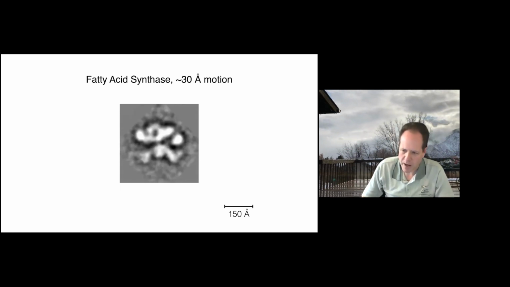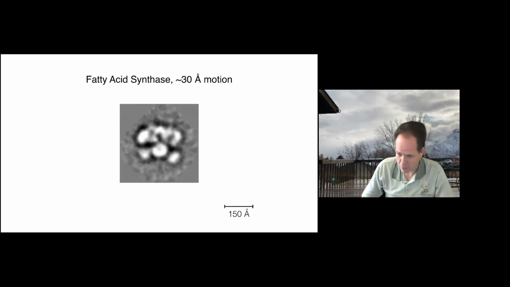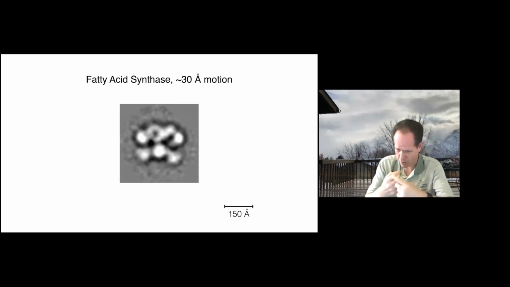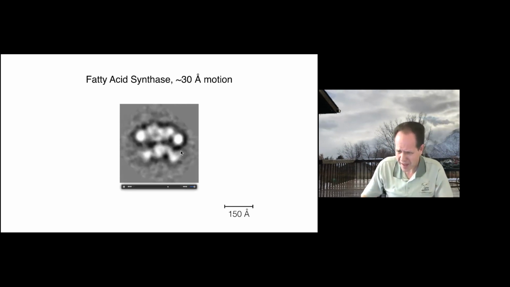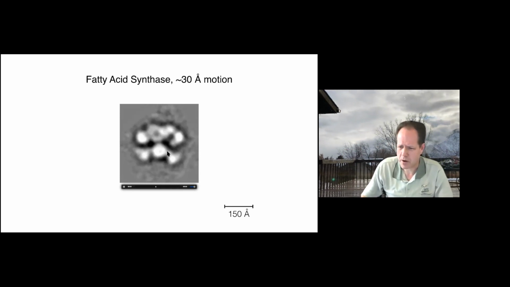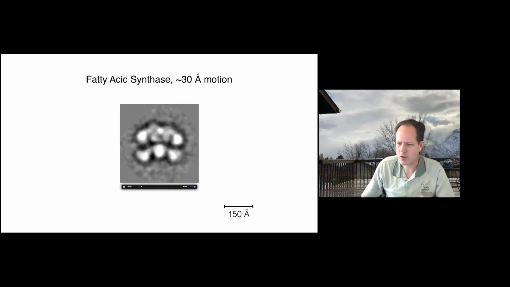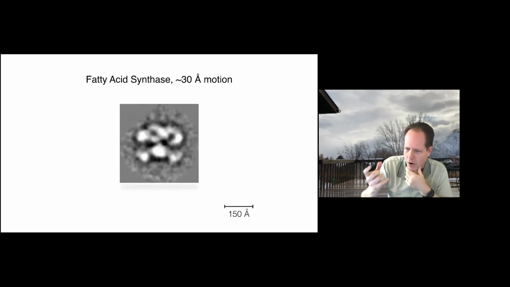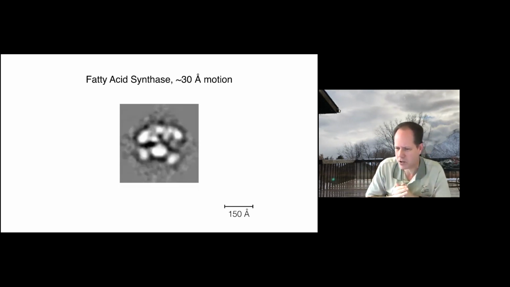But we have a problem. We have a really serious problem, which is that the motions that are going on in 3D here, in any given particle image, these are class averages we're looking at here, not individual particles, but in any given class average or any given particle, we only have 2-dimensional information. We don't know where things are in Z in any particular location in space.